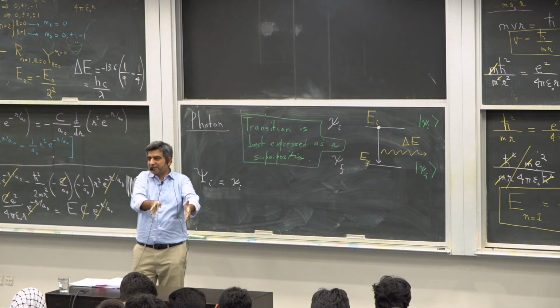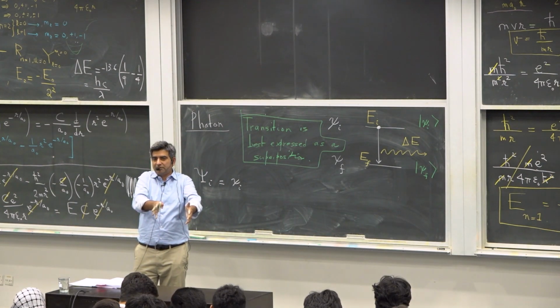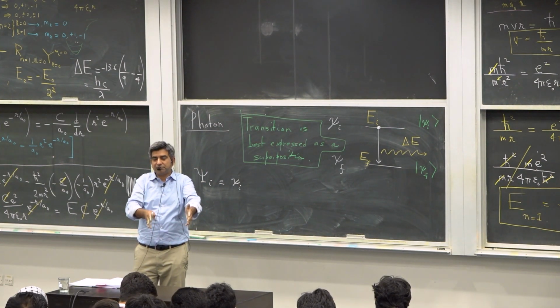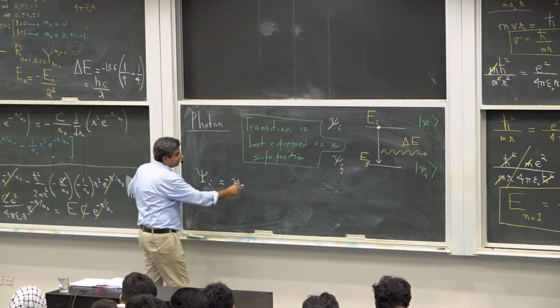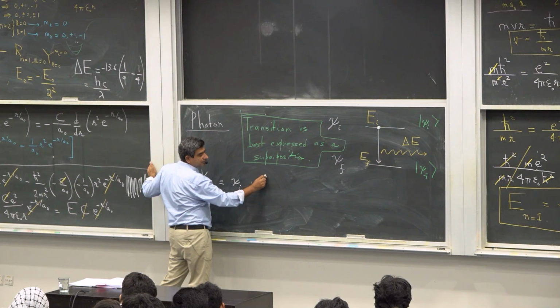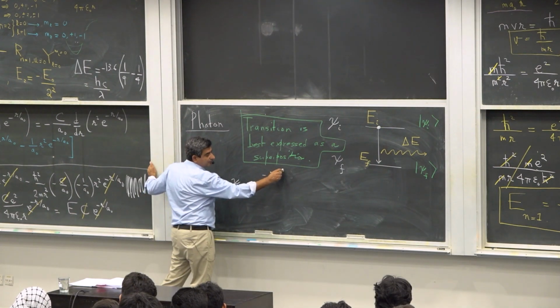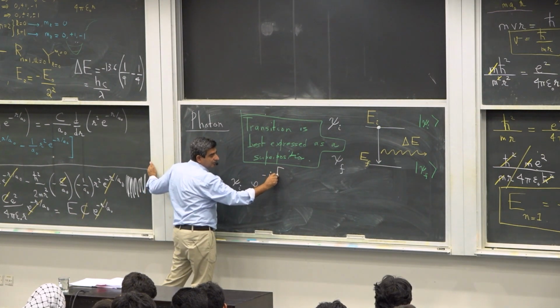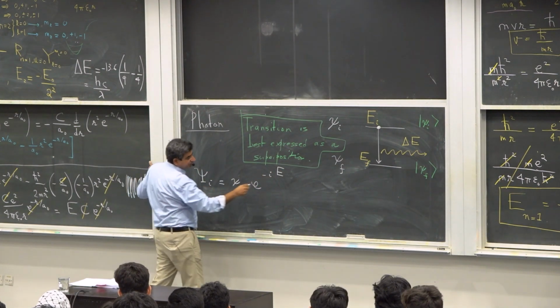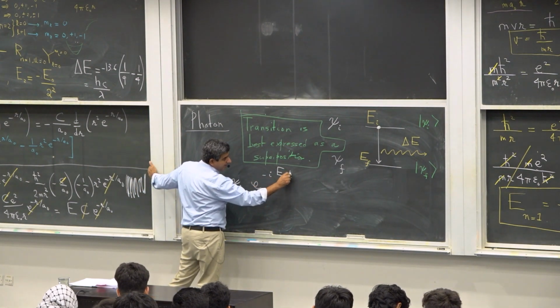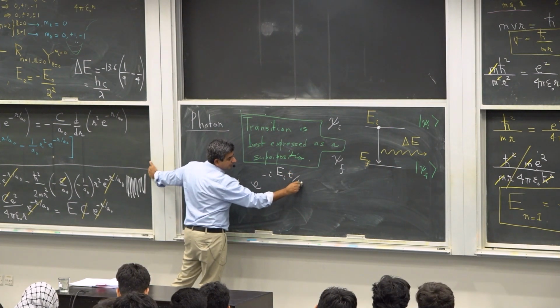This is the space part. What's the time dependent part? Mohammed? Sorry? Exponential function of time. Of what kind of time? So e raised to the power minus i E t over h bar. Which energy? Initial energy. Correct?